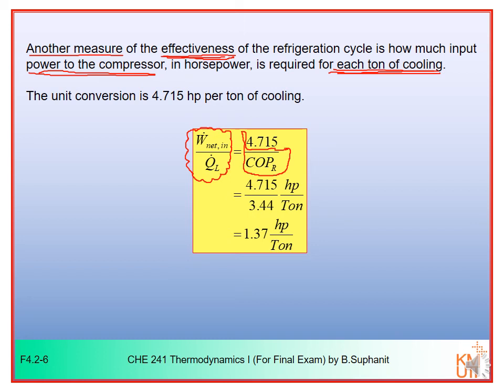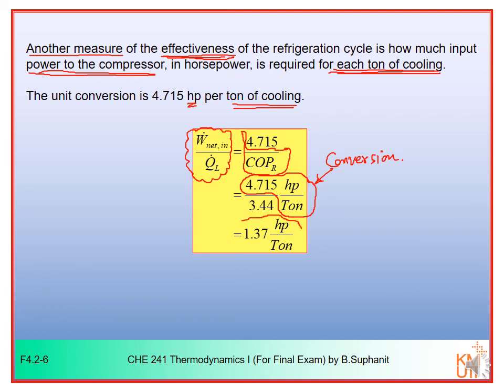But we want to convert the unit here into horsepower per ton of cooling, so we use the conversion factor of 4.715 horsepower per ton of cooling, multiplied by 1 over COPR. Okay, this is your conversion factor. So the result would be 1.37 horsepower per ton.